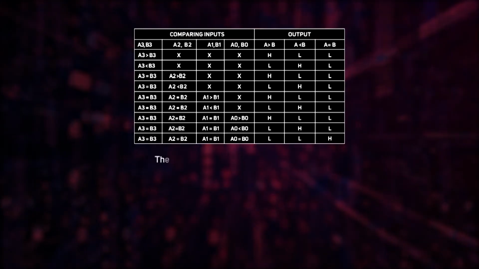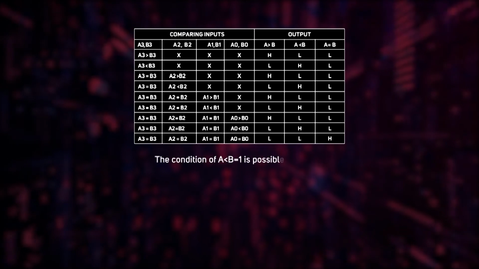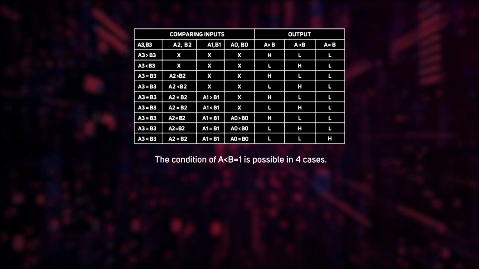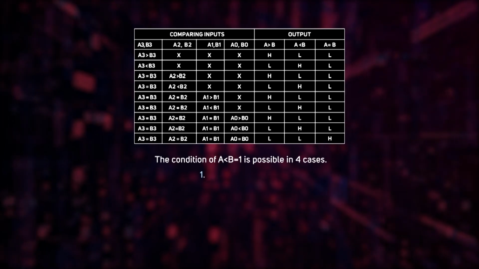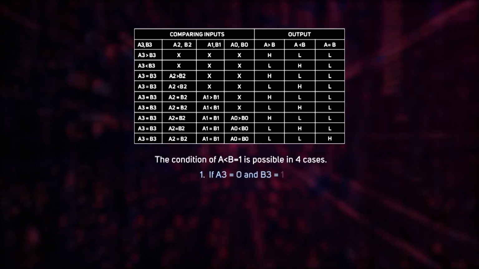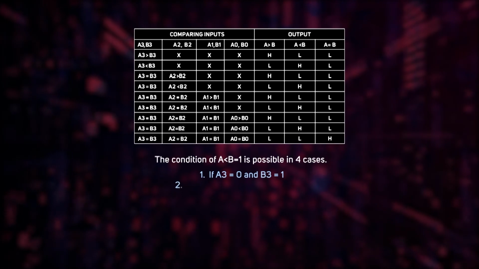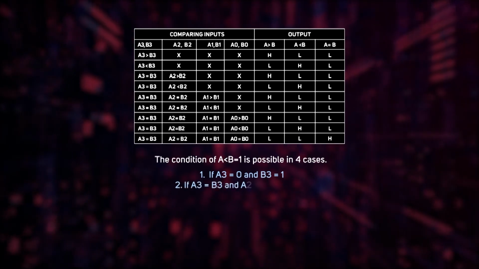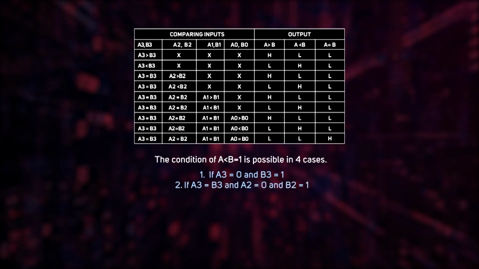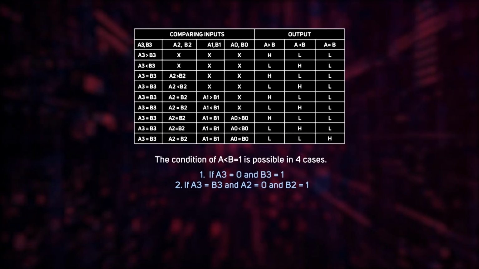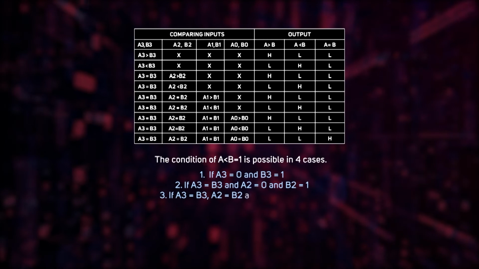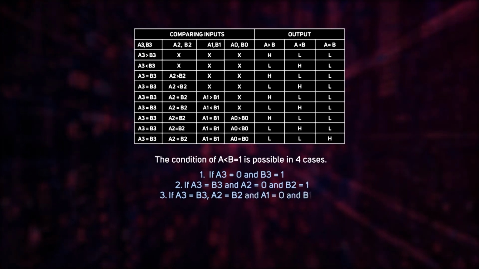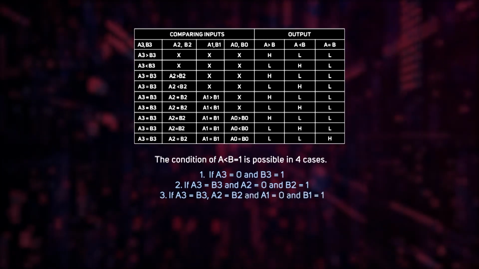Similarly, the condition for A less than B equal to 1 can be possible in the following 4 cases. What are they? If A3 equal to 0 and B3 equal to 1. Then the next case A3 equal to B3, A2 equal to 0 and B2 equal to 1. Next A3 equal to B3, A2 equal to B2 and A1 equal to 0 and B1 equal to 1.